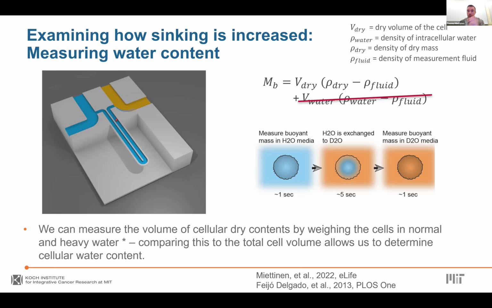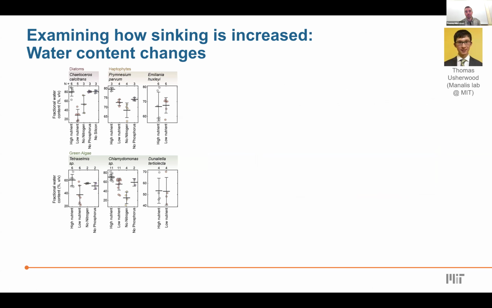And if you know the dry volume, and then you just do total volume measurements, you can actually measure the actual water content of a cell, both absolute and fractional. So this is what we've done for not all the species, but a handful of them. And we see that the fractional water content can actually change quite a bit. We have examples like some green algae where the water content can drop more than 20% when the cells are being starved.